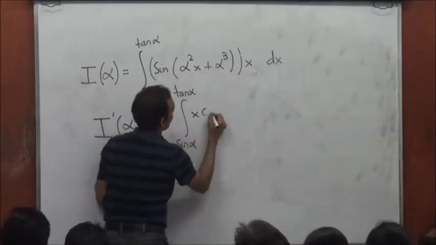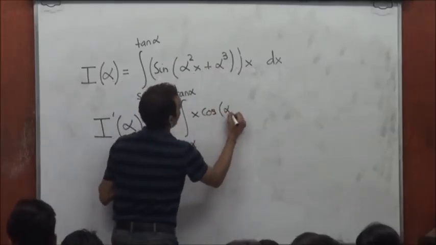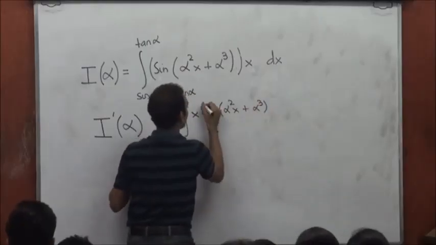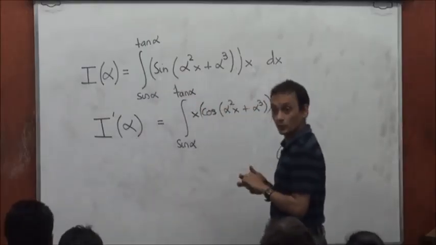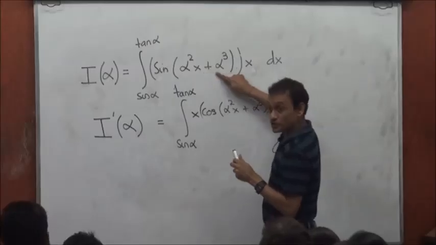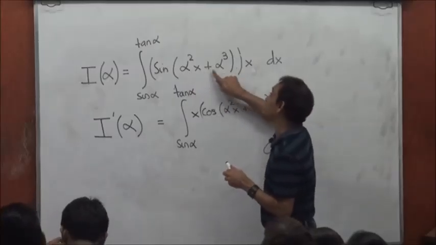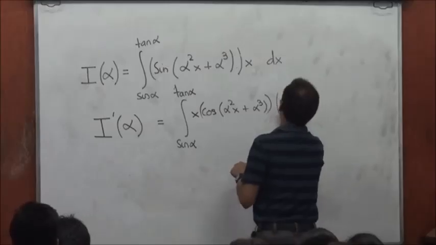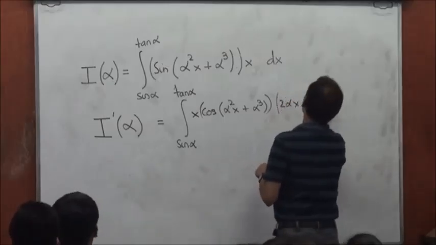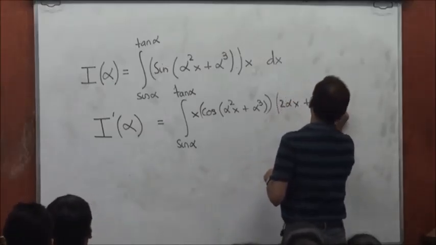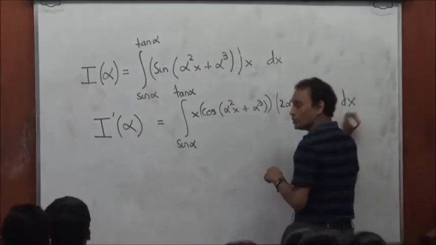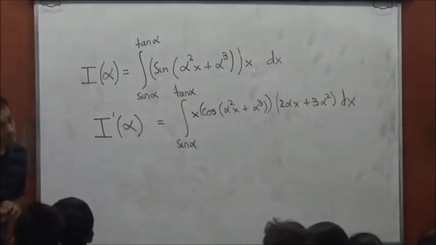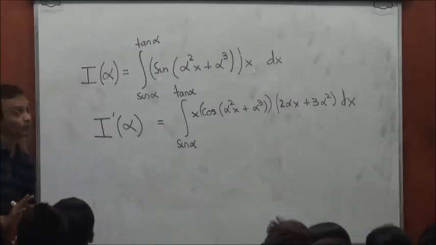Differentiate sine, you get cos of alpha squared x plus alpha cube. Imagine x to be constant, differentiate the inside with respect to alpha. So that's going to be 2 alpha x plus 3 alpha squared, dx. Yes or no? That's the first term.